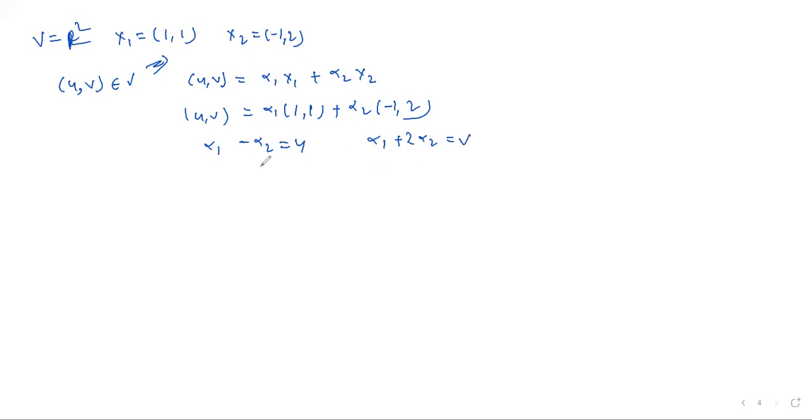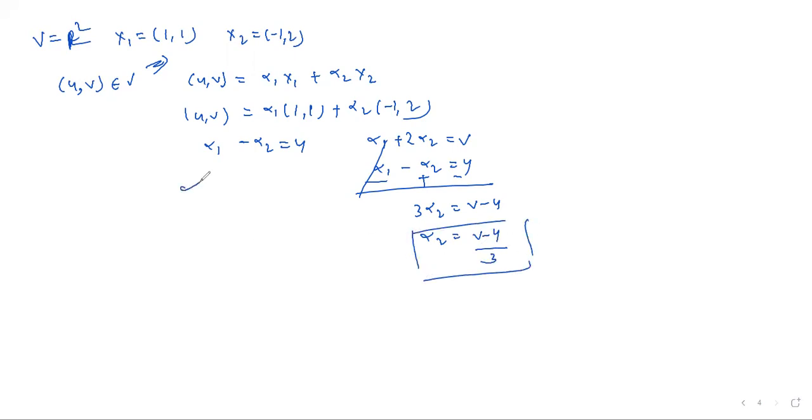Okay, so we'll just solve it. Subtracting, alpha 1 minus alpha 2 equals u, and adding, it gives us 3 alpha 2 equals v minus u. So alpha 2 equals (v minus u) upon 3, and alpha 1 equals u plus (v minus u) by 3, which equals (2u plus v) by 3.